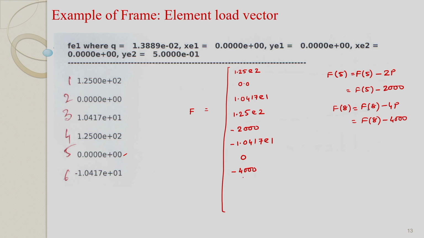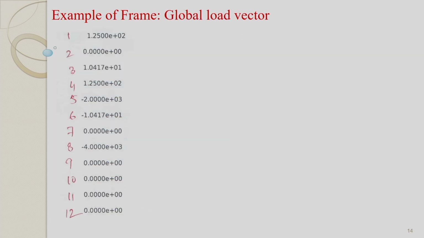The remaining degree of freedom positions will be 0, that is F9 to F12. We have total 12 degrees of freedom. So, this is our global load vector.